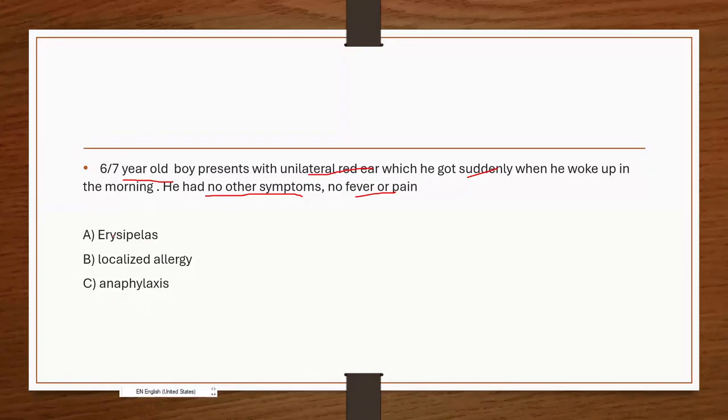So when you go through the answers, you have erysipelas. Erysipelas is a skin lesion that you get. Can anybody mention why this is not erysipelas? Any pointers? Yes, no fever, one cause.